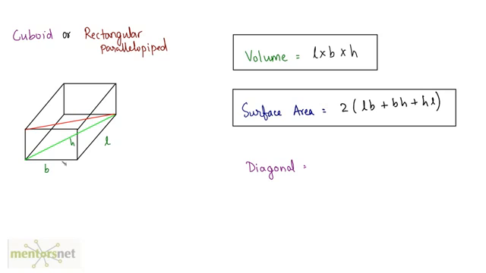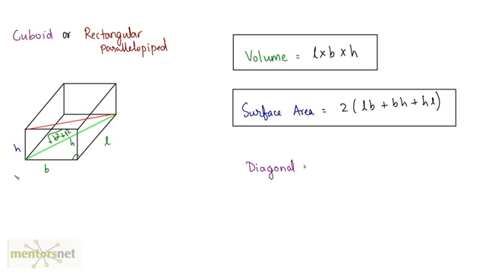If you look at it from downside, you'll see that this is basically a rectangle, and that makes this a right angle. So by Pythagoras theorem, the length of this green line would be under root of b square plus L square. Now this length is h.